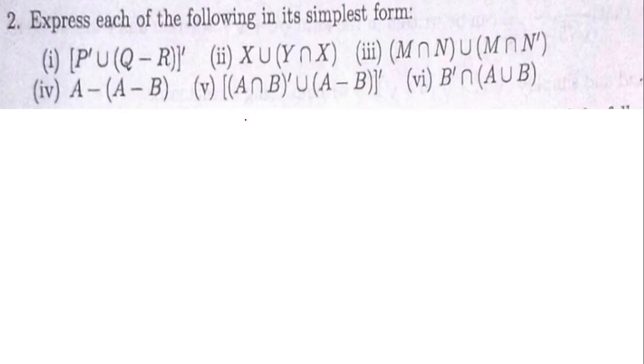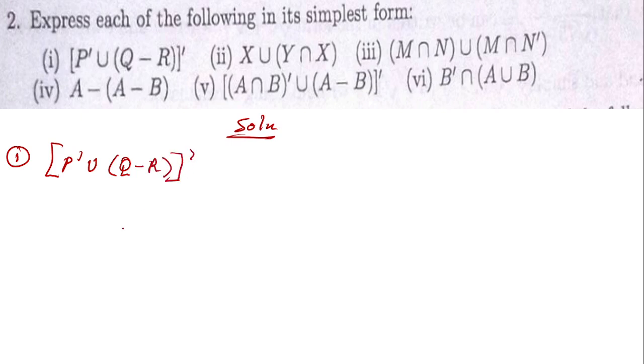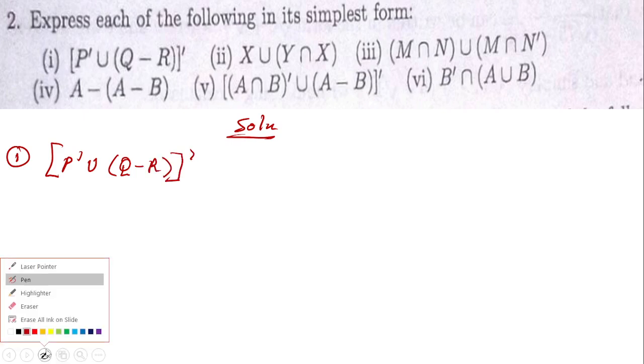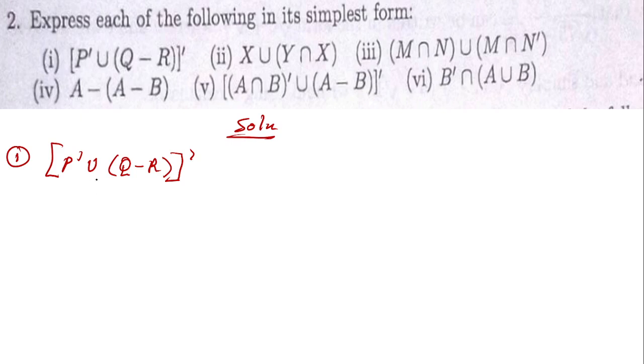So I'll write as my solution, and in this case I have this particular question. The first one is P complement union, and then Q minus R, and then you can say this complement. So what I'll do here, I'll simply multiply everything by this complement.